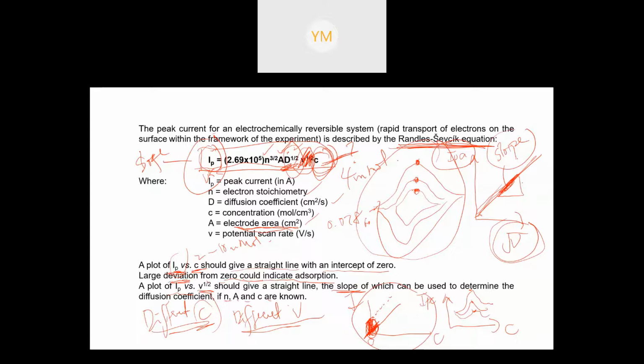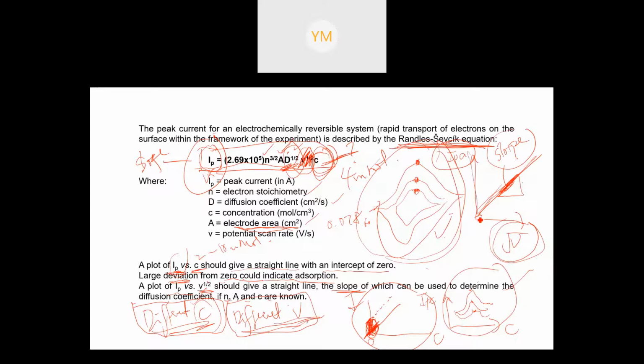So you have two sets of experiment. One is different concentration, one is different scan rate. You will plot two series sets of cyclic voltammograms, one with various concentration, another with various scan rate.